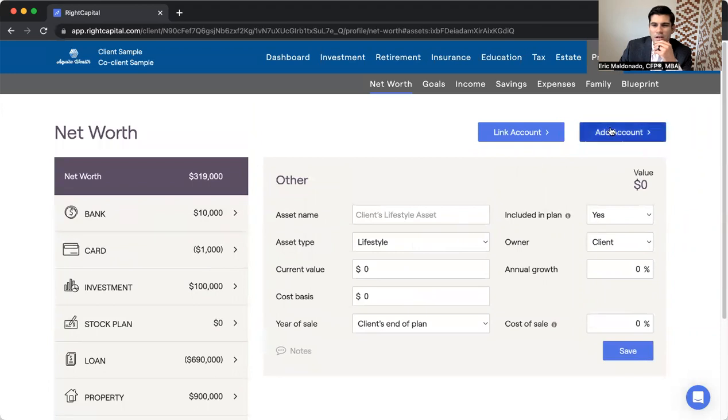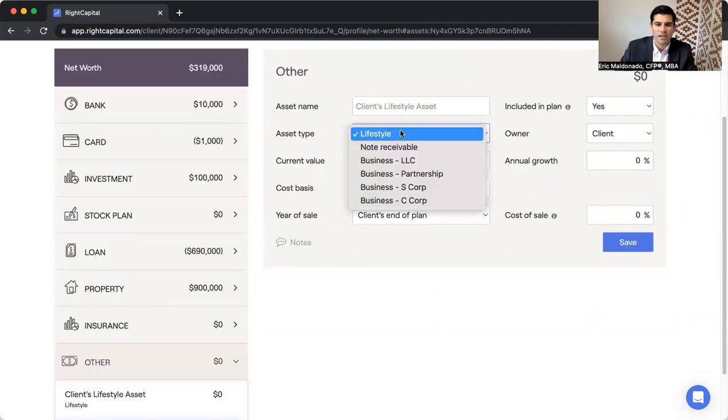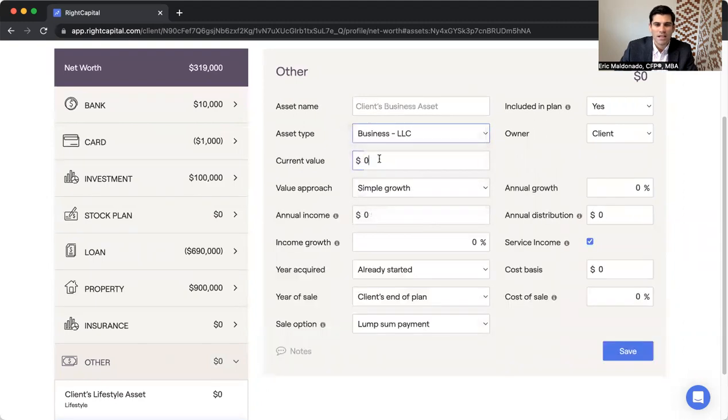That'd be like, let's say you're a business owner and you have, we'll just say, an LLC, and we'll just say the current valuation is $1 million, growth rate of 10%. Annual income allows you to put in some income information here.